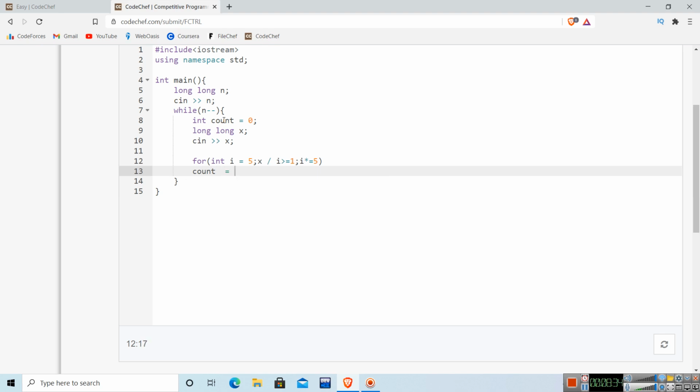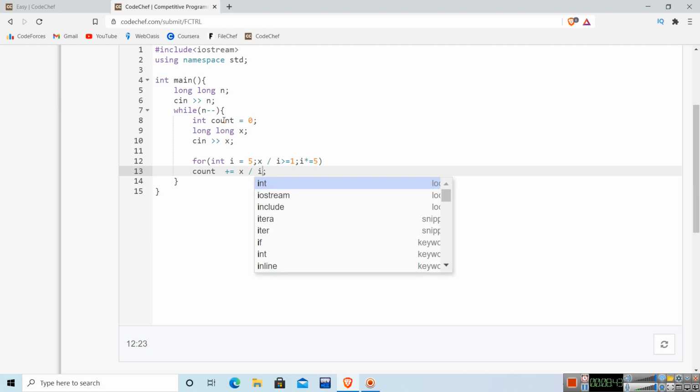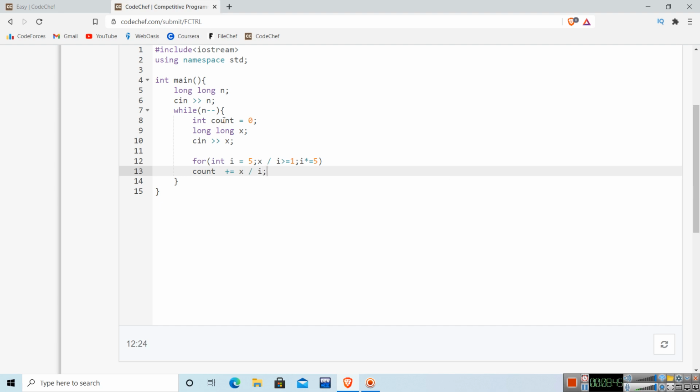Count plus equals x by i. Now we are checking if 5 is there or not in that number. We are checking if 25 is there or not in that number. We are checking if 125 is there or not in that number, and we are incrementing count by the value of that.